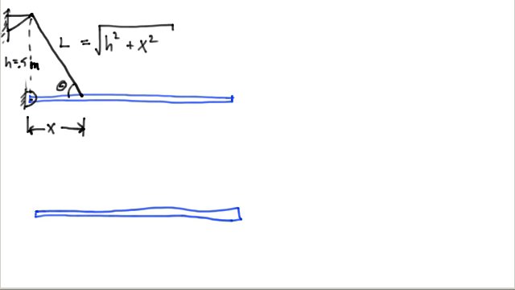So our perfectly straight meter stick. I'm going to call the pin P, or the point at which the pin is attached, point P. They call this FPY, FPX.